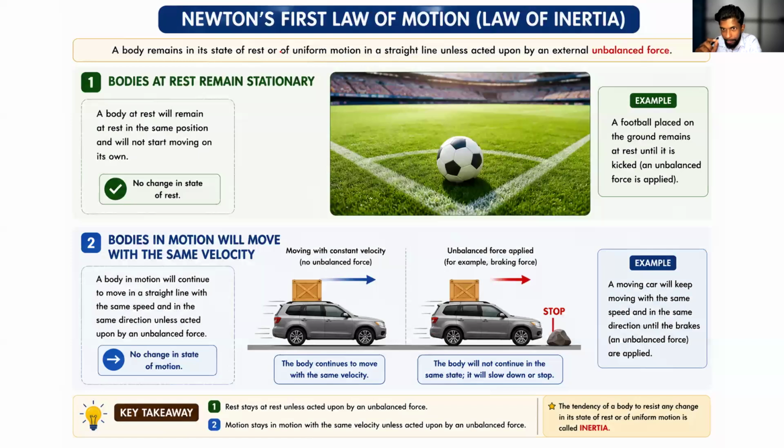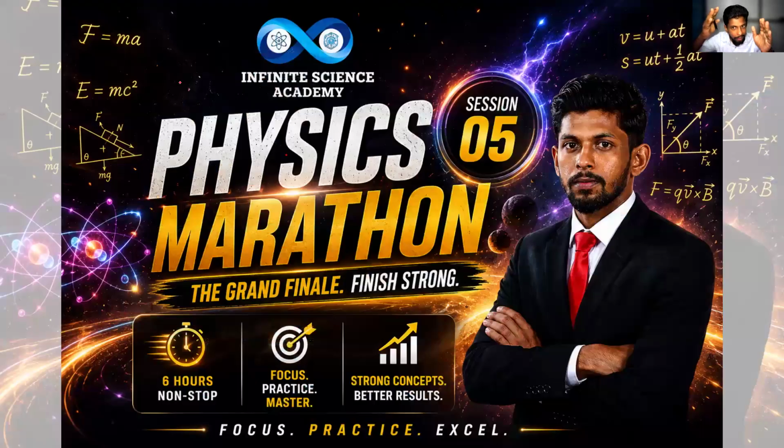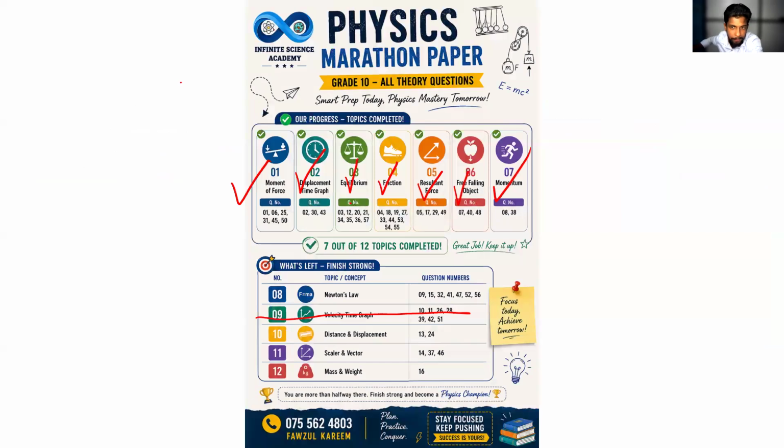If you don't have the idea about equilibrium, it's okay, because in the essay part, all these 12 parts will be discussed and revised once again. Don't worry, this is MCQ.